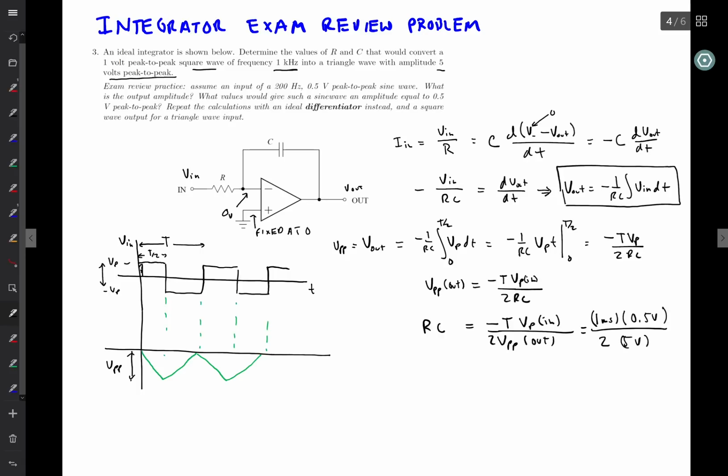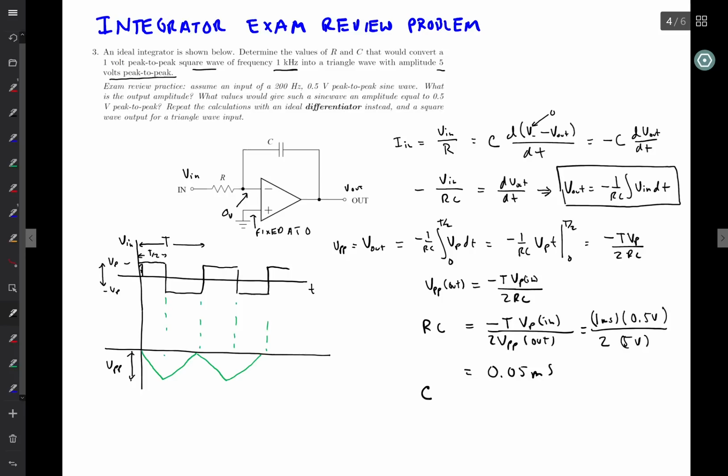So this sets our value of RC, which if you plug the numbers in to your calculator, you get that RC is 0.05 milliseconds. So then you just have to pick a value of R and C that gives you this time constant. There's a wide range of values. What I like to do is to choose the capacitor first, since the number of types of capacitors is smaller.